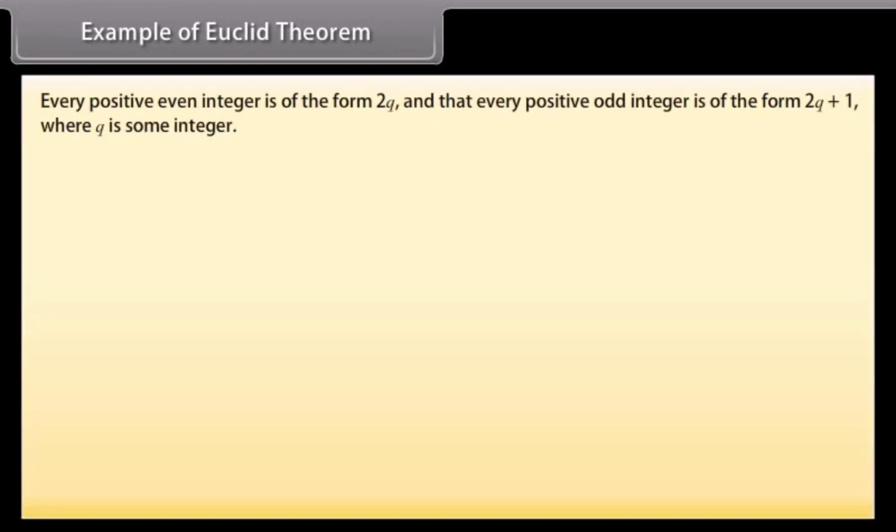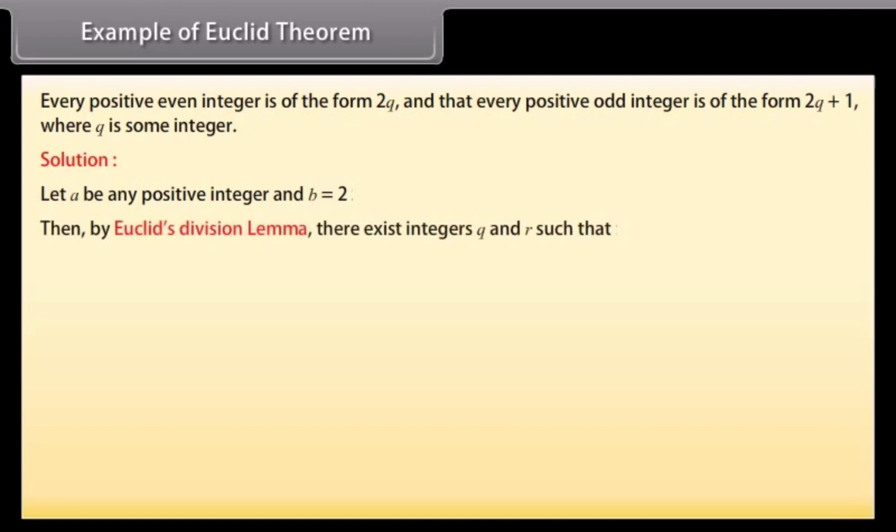Example of Euclid's theorem. Let us now prove that every positive even integer is of the form 2q and that every positive odd integer is of the form 2q + 1, where q is some integer. Solution. Let a be any positive integer and b = 2.